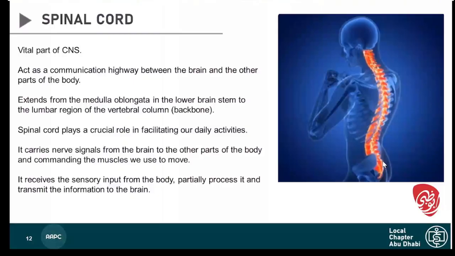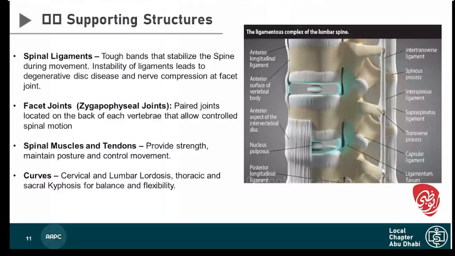So these curves, cervical and lumbar lordosis, thoracic and sacral kyphosis, help in the balance and flexibility of the spinal column. Okay, so any hyperlordosis, loss of lordosis, or hyperkyphosis will have a drastic impact on the spine, so it will require spinal correction.